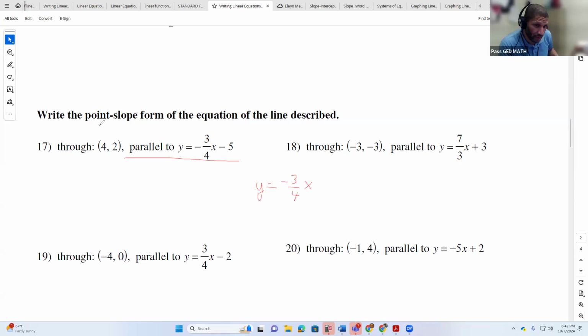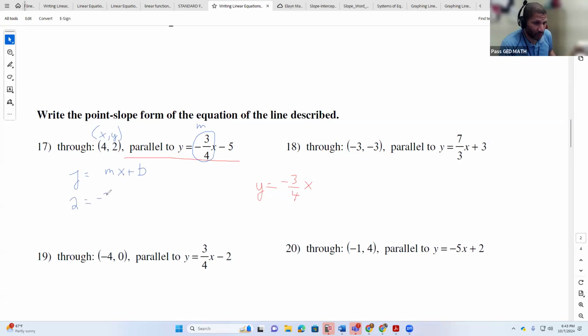So identify your point, x, y. Identify your slope, -3/4, and we plug it in. y equal mx plus b. Now we've got some fractions going on here, but don't worry about that. My y is 2.